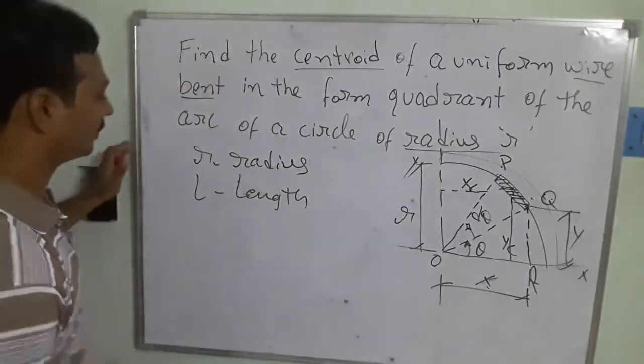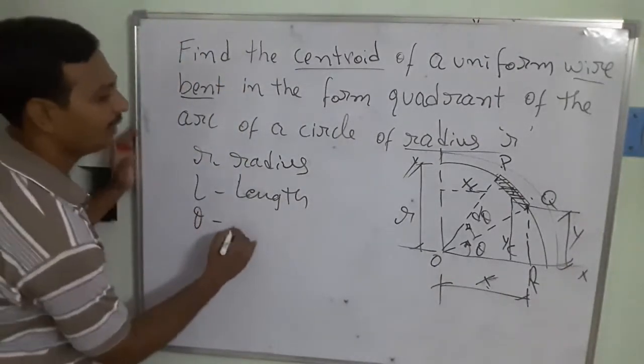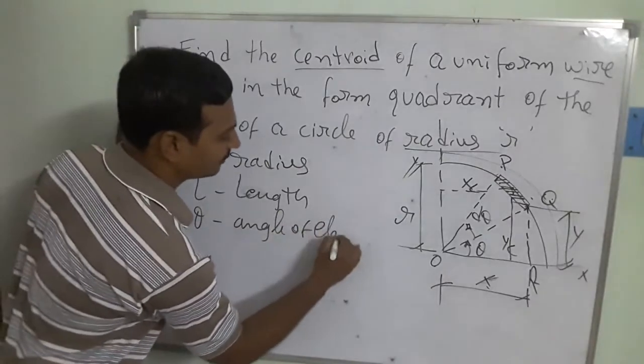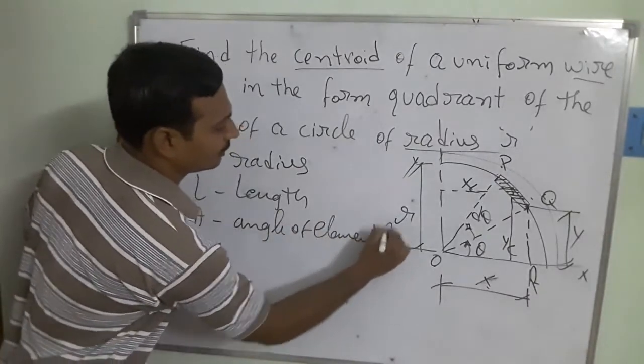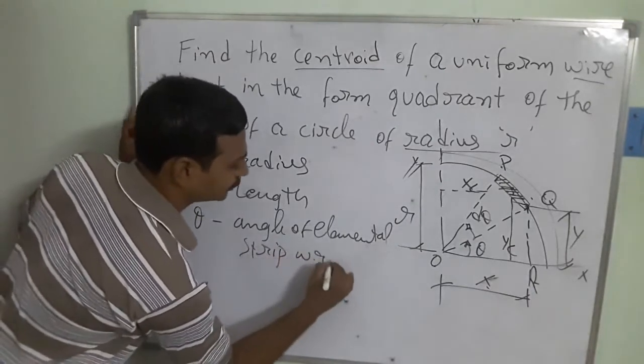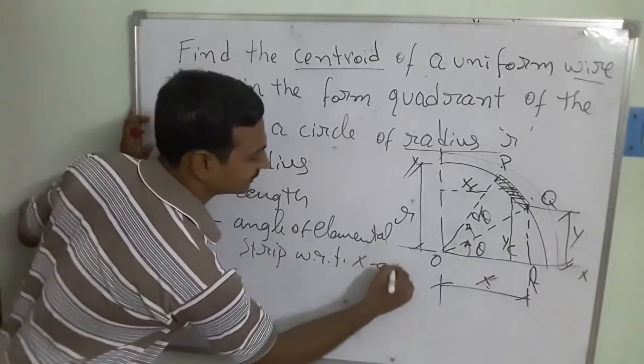In this case, theta is the angle of the elemental strip with respect to the x-axis.